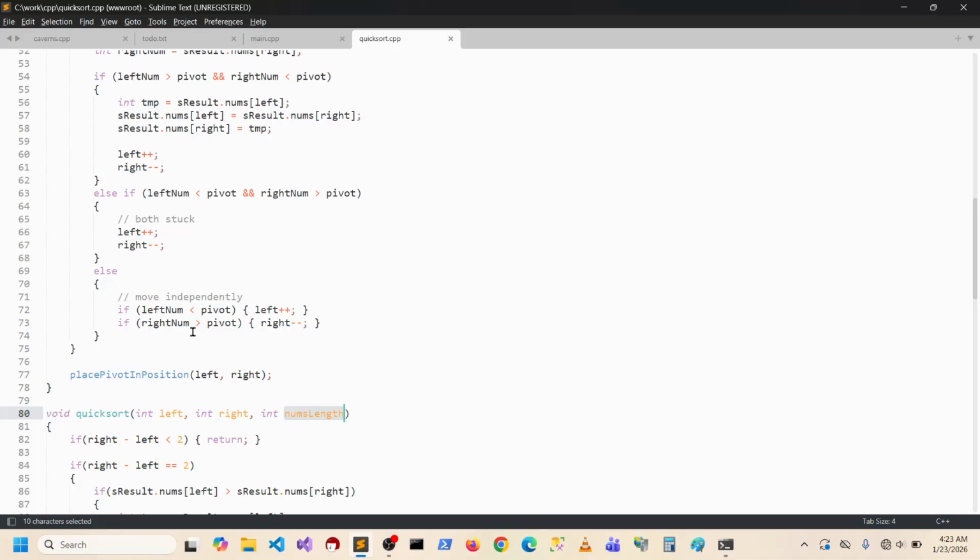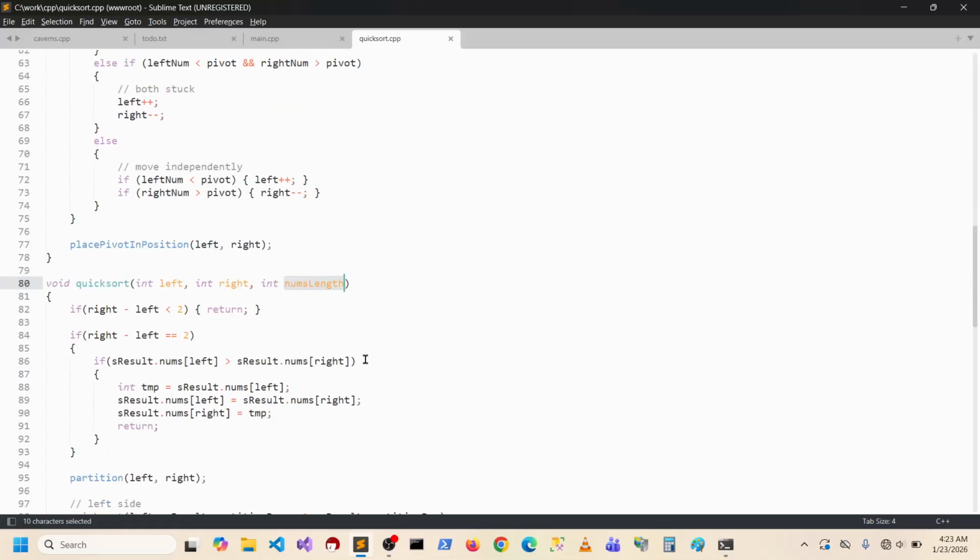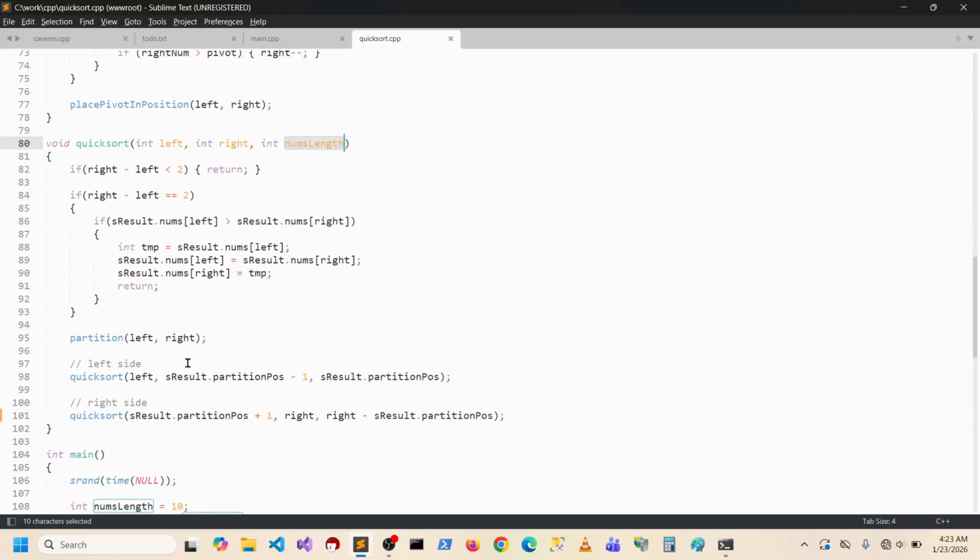And then after they're partitioned, I'm doing a swap on the pivot. And then it comes back.